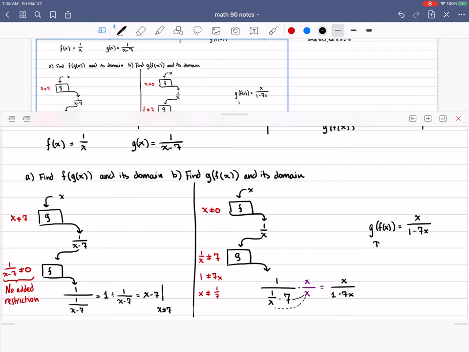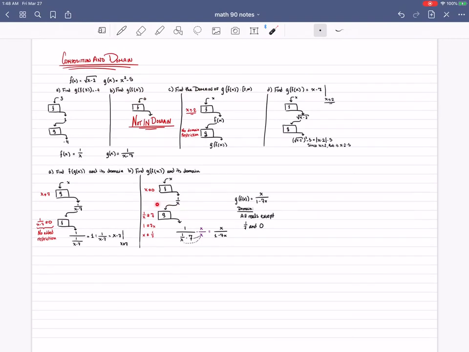And the domain is all real numbers except 1/7 and 0. The 1/7 came from the second pass when it was passing through G. The 0 came from the first pass when it was coming through F. So this gives us some sense of the domain of composition of functions.